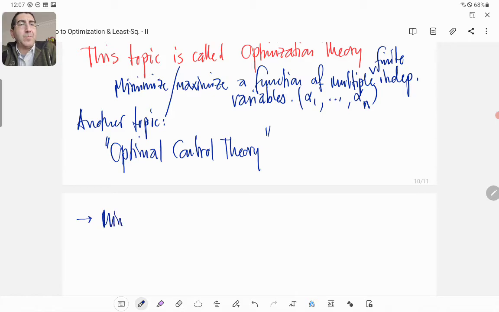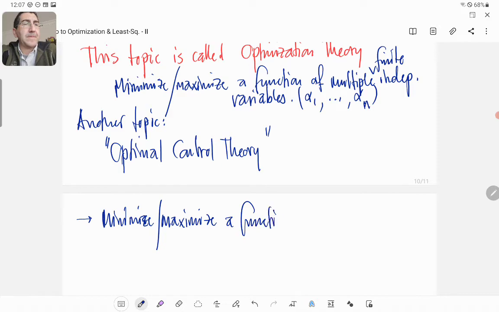It's again minimizing or maximizing a function, but this time of other functions. We can call them other independent functions.